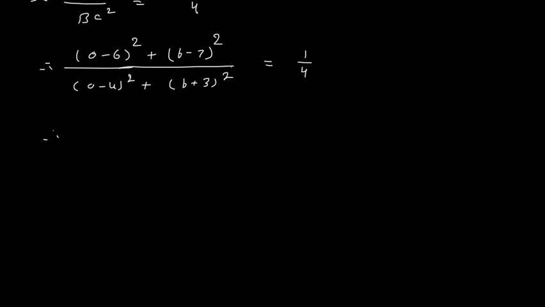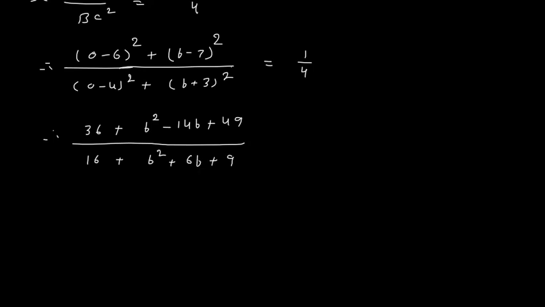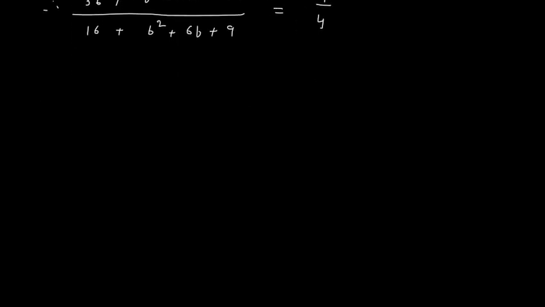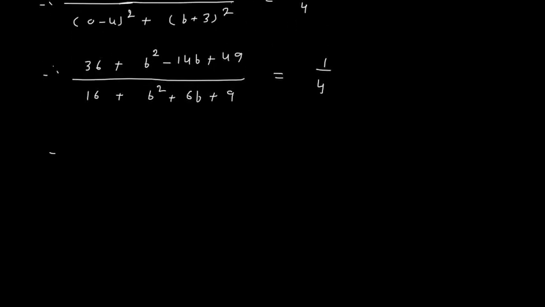So this is 36 plus b square minus 14b plus 49, divided by 16 plus b square plus 6b plus 9, equals 1 divided by 4. So let us cross multiply.